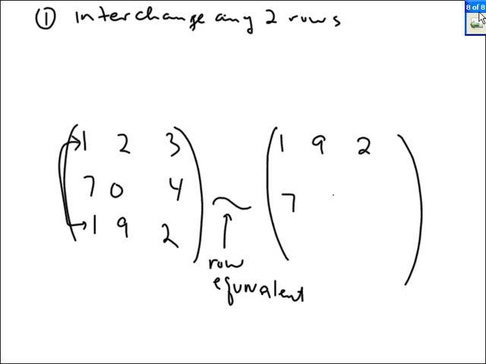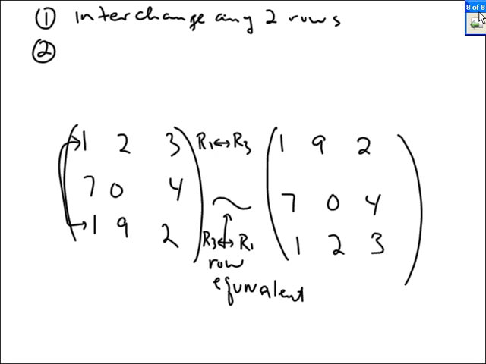We did nothing to row number 2, and row 3 is now row 1. And you might want to denote what you're doing so somebody looking at your work would know that you interchanged row 3 and row 1. That's one elementary row operation.